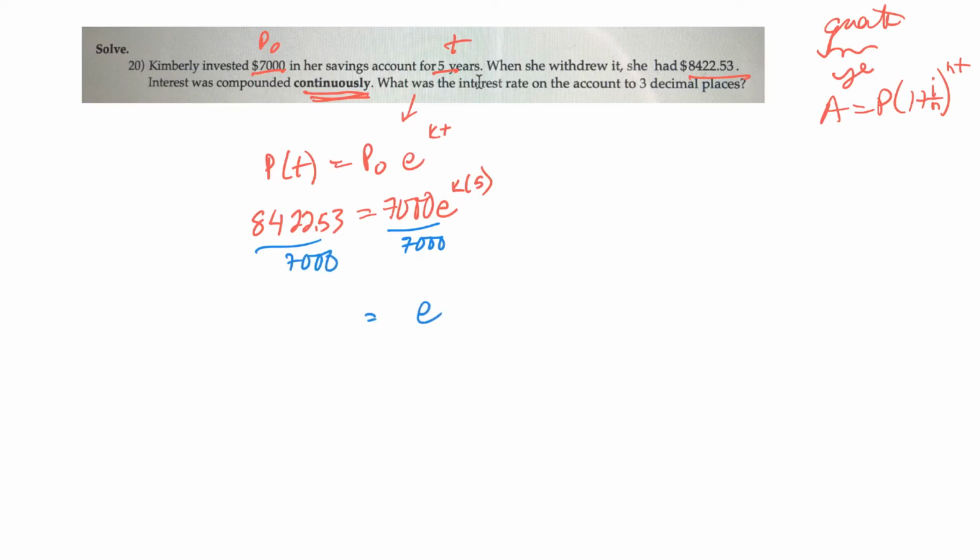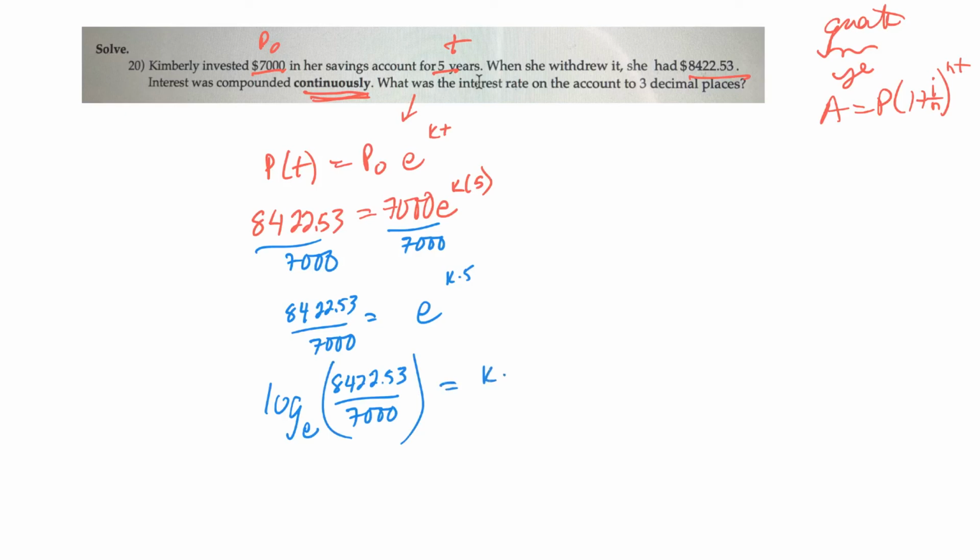So you get e to the k times 5 is equal to this. I'm just going to leave that number right there. Change to log form. Log base e of 8422.53 over 7,000 is equal to k times 5. So I'm going to figure out the left side and then divide everything by 5. I'll just do that on my machine right now.